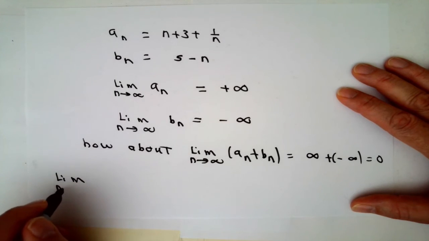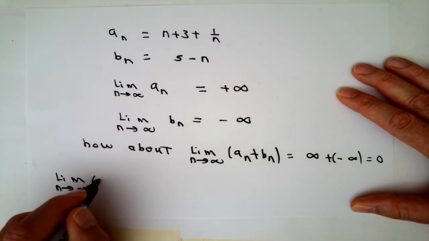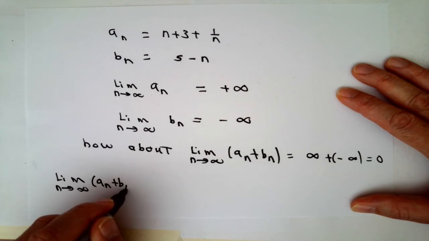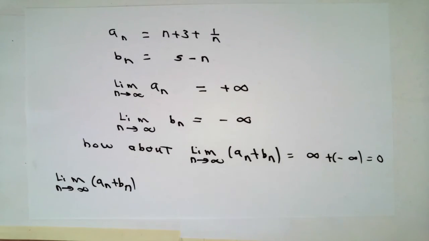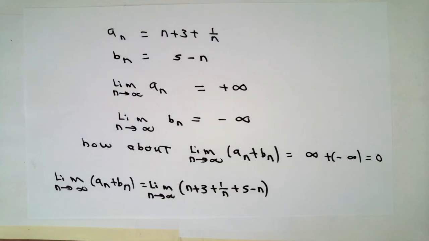Limit n tends to infinity an plus bn. For each individual an, the value of n plus 3 plus 1 over n is a perfectly fine number.